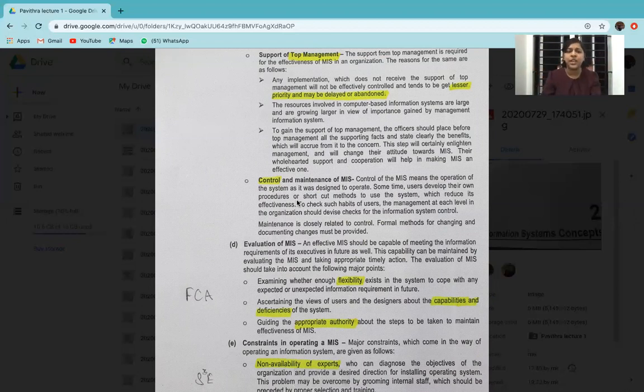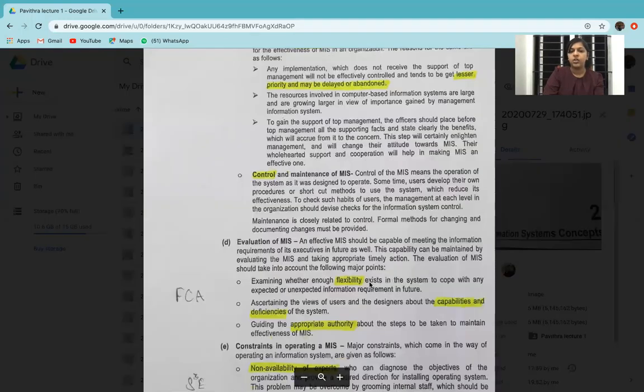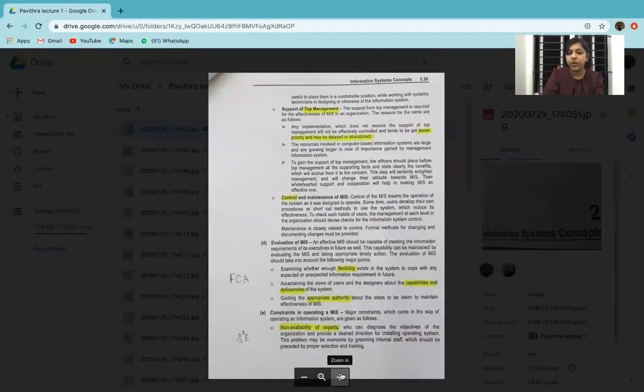How do we evaluate if the management information system is up to date? For that we have three keywords: FCA. Who are these? FCA, Future Chartered Accountants. So we'll also evaluate MIS using three keywords: FCA.